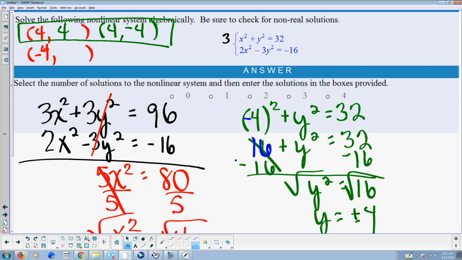I'm still going to get plus or minus 4. So negative 4, 4, and negative 4, negative 4 are also solutions. This gives me 4 solutions: 4, 4; 4, negative 4; negative 4, 4; and negative 4, negative 4. 4 solutions here.